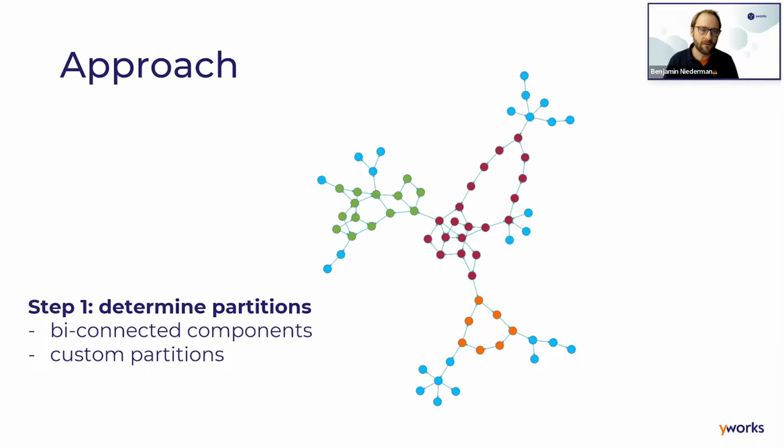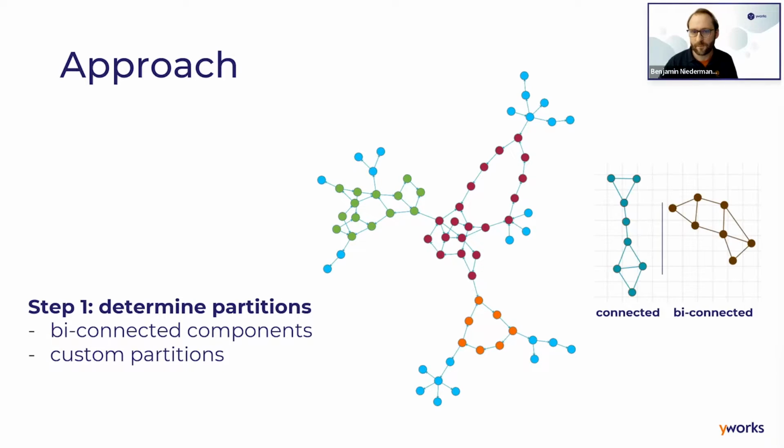If you want to do this automatically, you can use bi-connected components, and then of course it's important to know what bi-connected components are. If you look at a graph, we say that a graph is connected if between any pair of nodes, there's a path that connects these nodes. For example, if you look at this node and at this node, there's obviously a path that connects both nodes. Bi-connected means that when you remove a single node from the graph, it still remains connected.